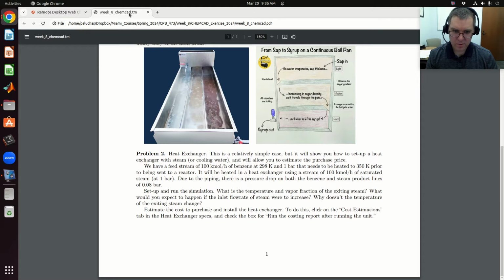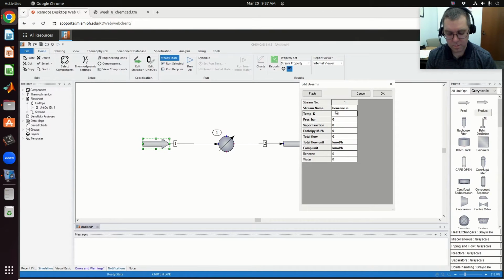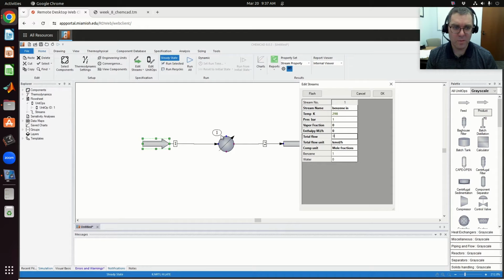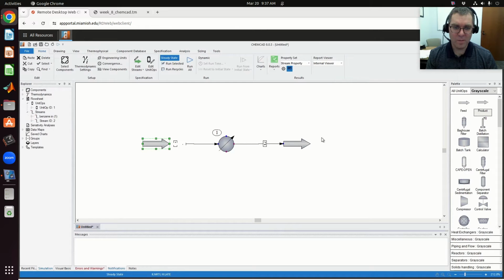It was at 298 Kelvin and 1 bar. It's not going to make a difference, but I'm going to say that it's 1 mole fraction. And then was it 100 kilomoles per hour? 100 kilomoles per hour. Okay, cool. So there's my benzene stream.